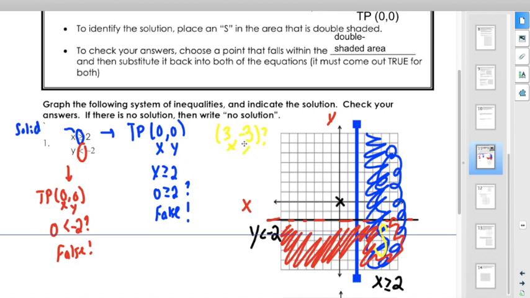If I tested it out, is 3 greater than or equal to 2? Yes. And is negative 2 greater than negative 3? Yes. And I got those straight from here, here's my x, here's my y. They both worked, so we are good.